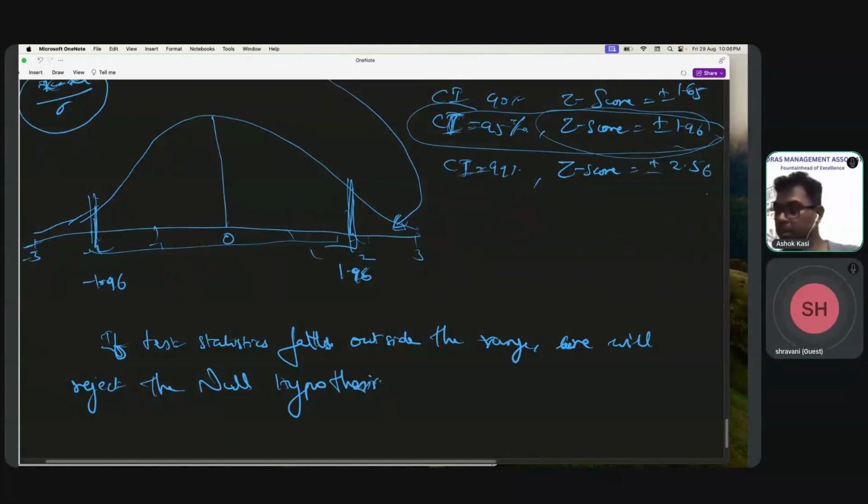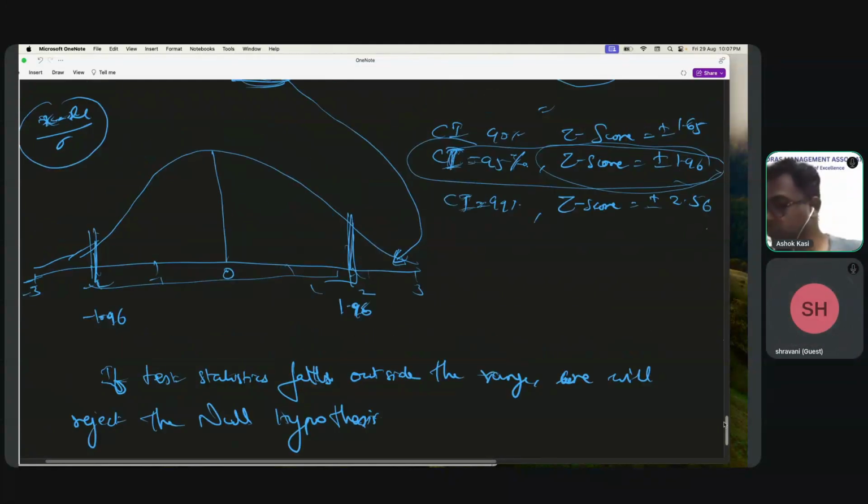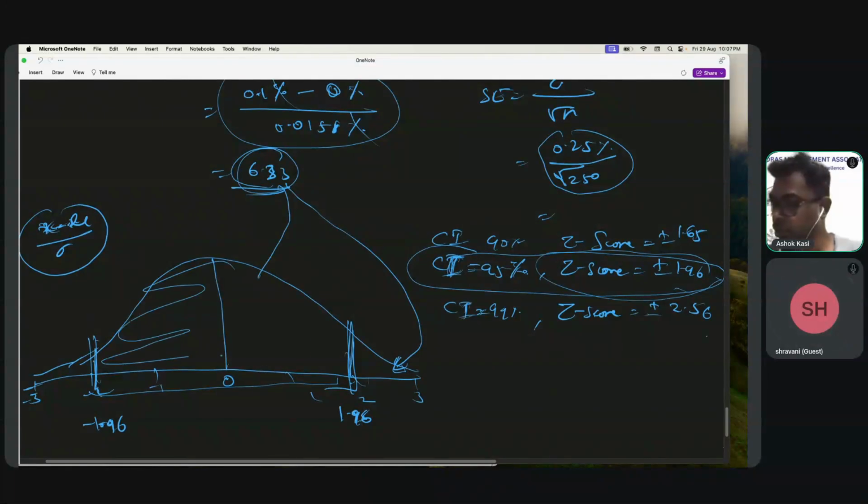If it is falling within the range, then we will accept the null hypothesis. So it is way outside.